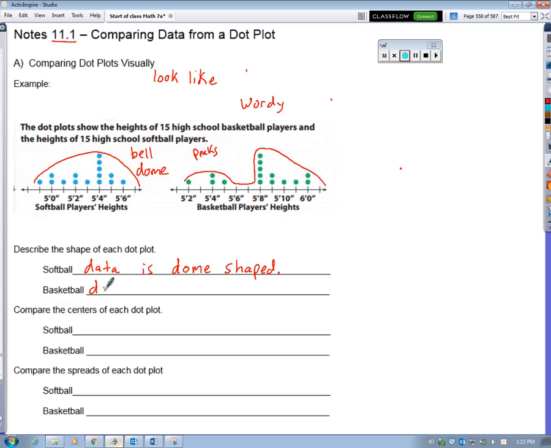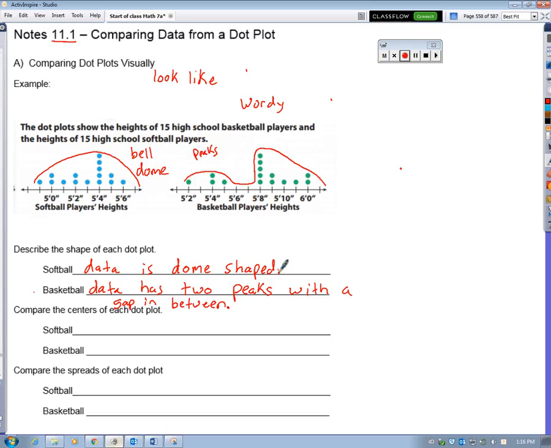We would say basketball data has two peaks with a gap in between. No matter how you word it, you could have said middle, you could have said in between, it's fine as long as you're able to describe it. There's no exact worded answer that's correct as long as you have an accurate description.